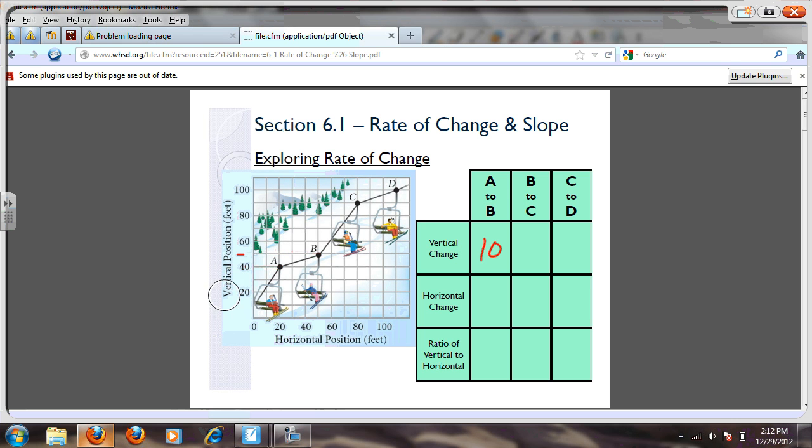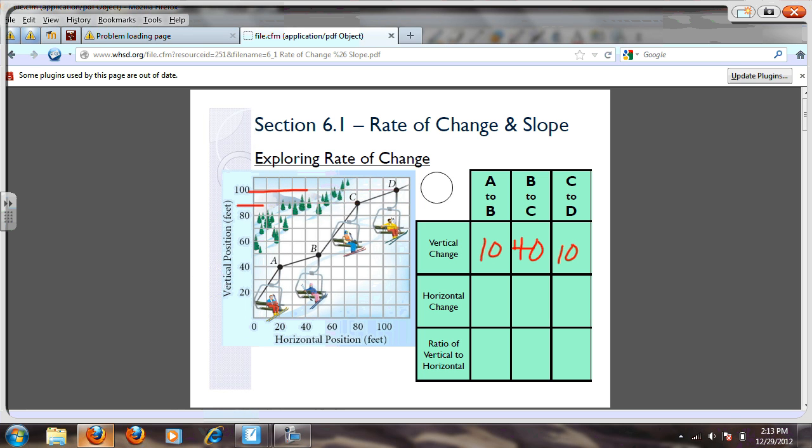Okay? Looking at the vertical change from B to C. Remember, B was at 50. C is up here between 80 and 100, so that's at 90. So from 50 to 90, that's 40. Okay? And then lastly, from C to D. Well, C is again at 90, and D is at 100. So from 90 to 100 is 10.